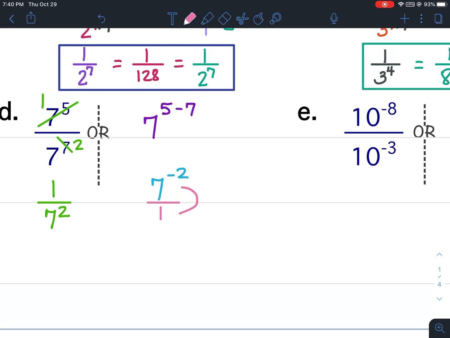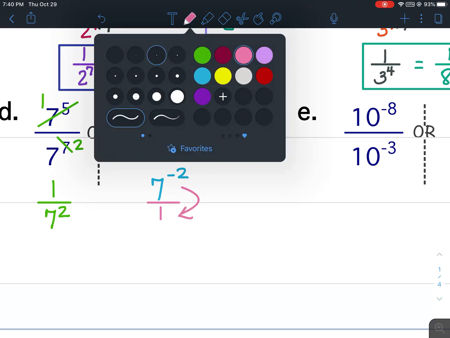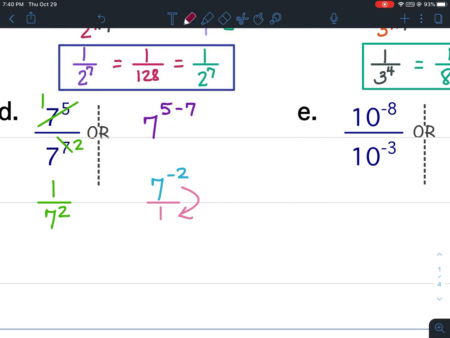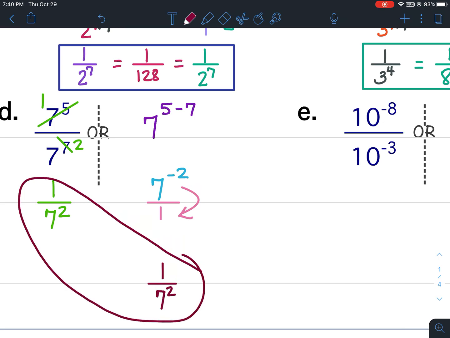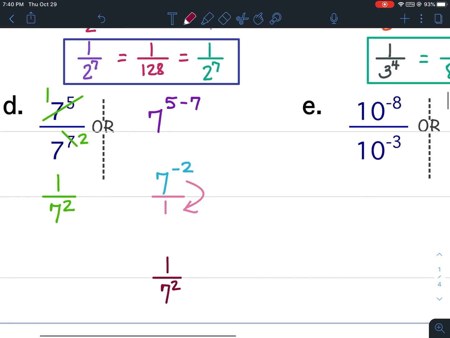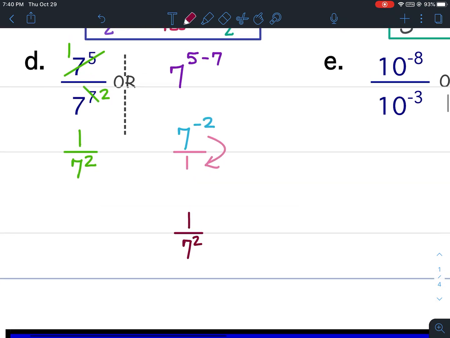I'm going to move it to the denominator. So now this is 1 over 7 squared. And notice we got the same thing. 7 squared is 49. So this would be 1 over 49.